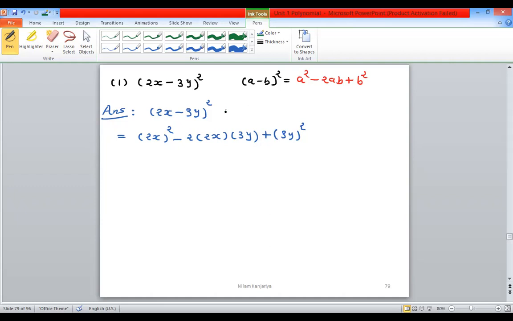In this equation, a is equal to 2x and b is equal to 3y. Simplified, this is 4x square minus 12xy plus 9y square.